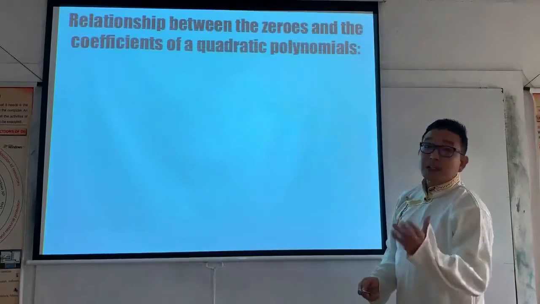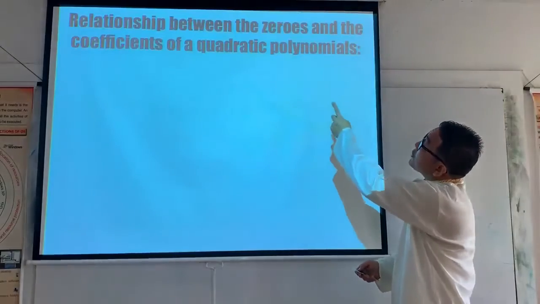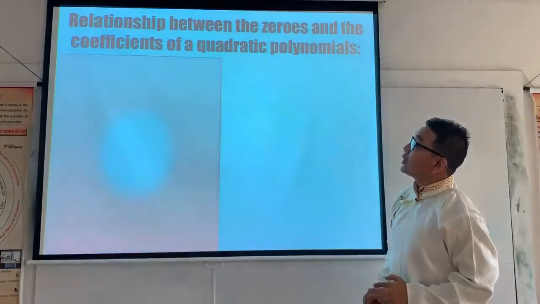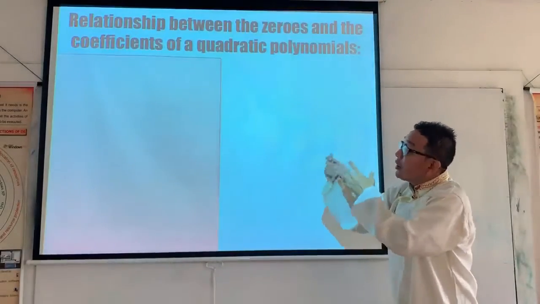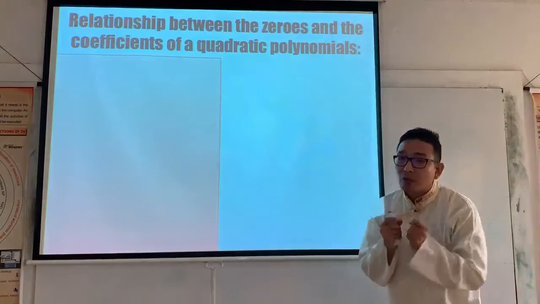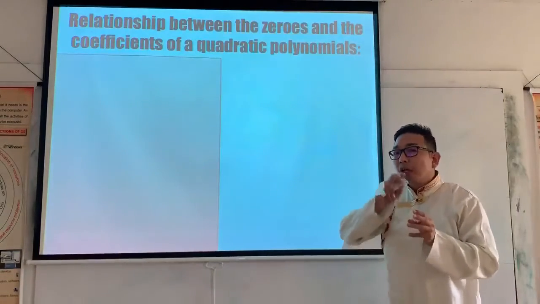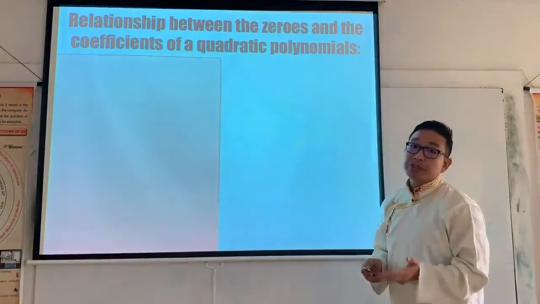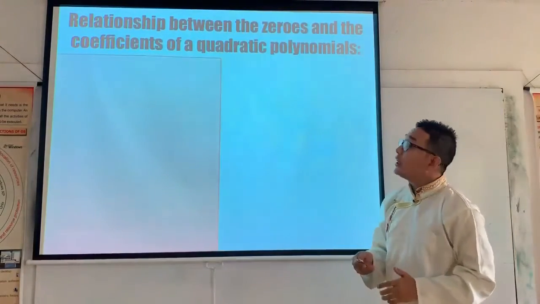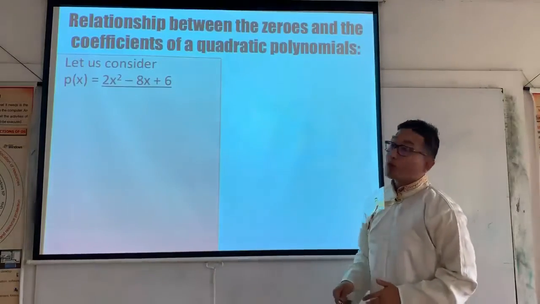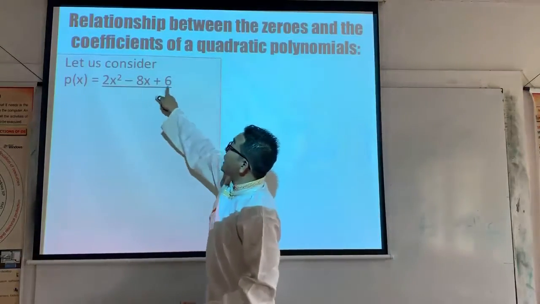Now the next topic is the relationship between the zeros and the coefficients of quadratic polynomials. We will use factorization of algebraic expressions. Let us consider the quadratic polynomial 2x squared minus 8x plus 6.